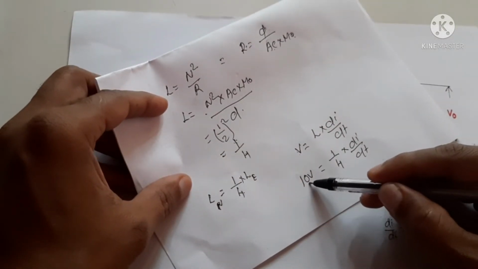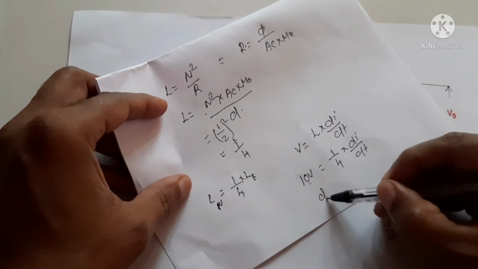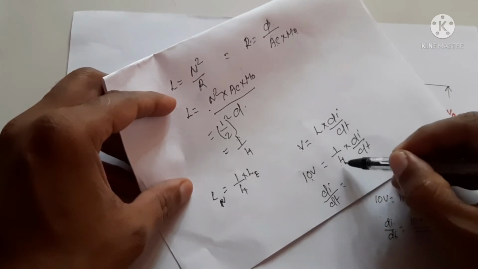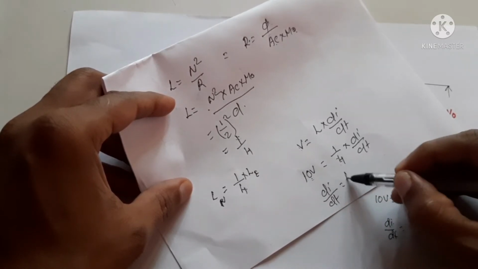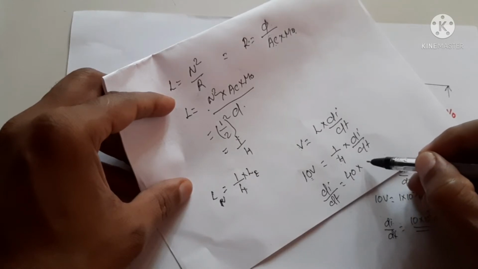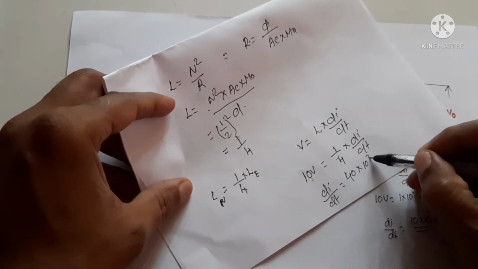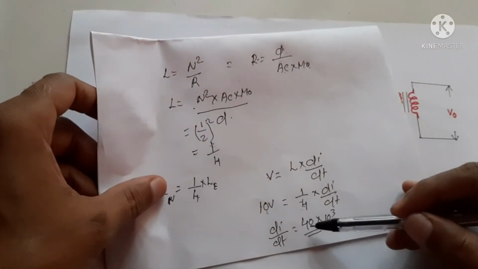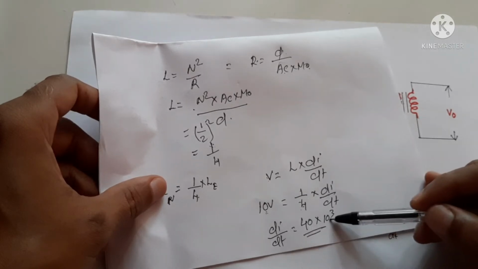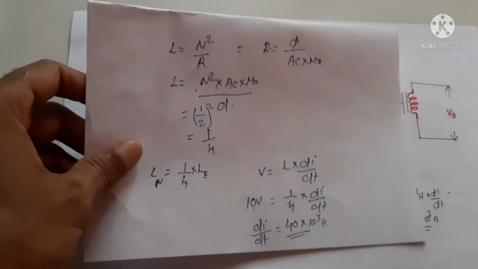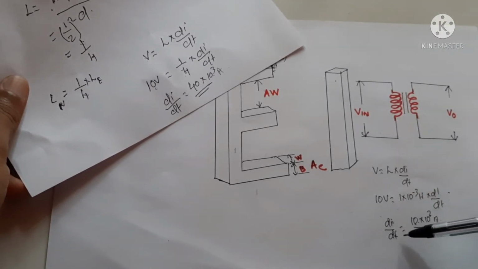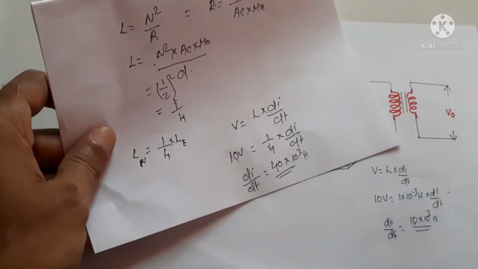But when we decrease the number of turns to half, the di by dt increases to 40 into 10 raised to 3. Earlier it was 10 into 10 raised to 3. Earlier, in 1 second the current reached from 0 to 10,000 ampere. Now it reaches from 0 to 40,000 ampere in 1 second. That is di by dt. So by decreasing the number of turns to half, the change in current is increased to 4 times.